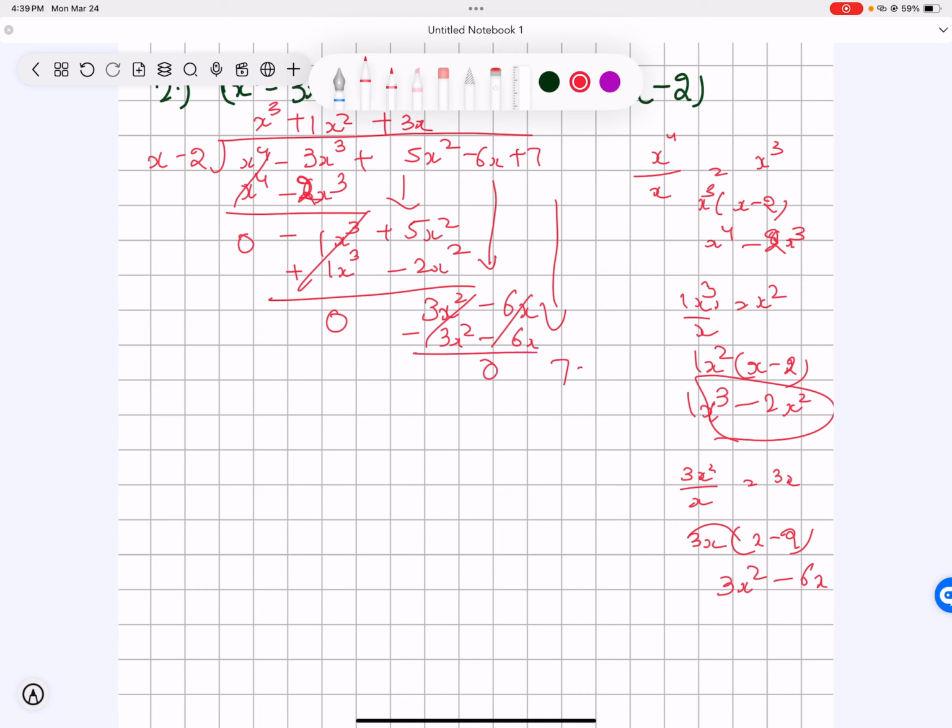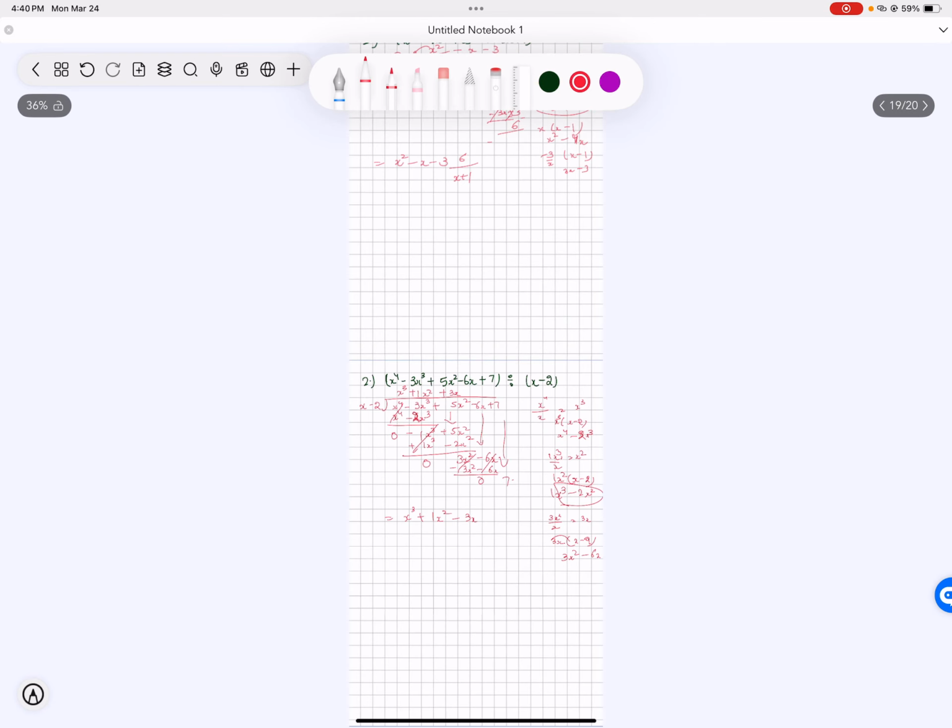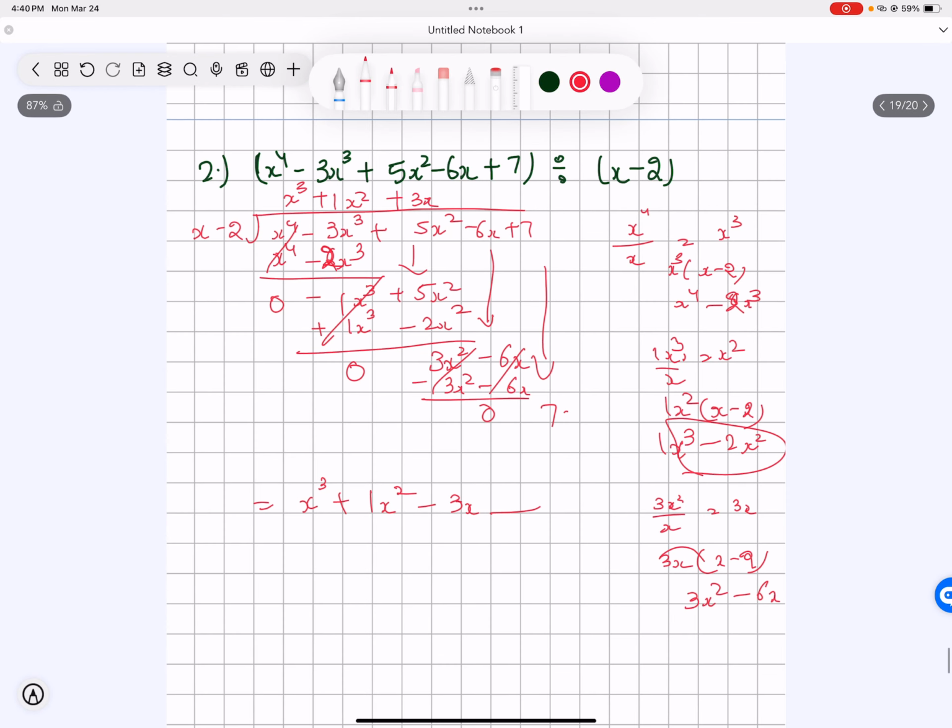7. So in order to write that as my final answer, I would write it as x cubed plus 1x squared minus 3x remainder to the 6, we have 7 over x minus 2.